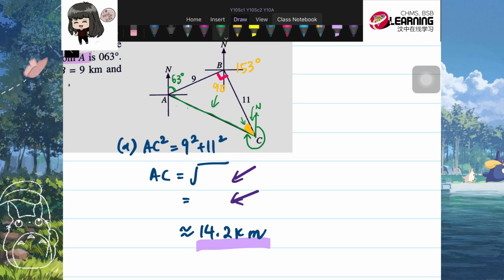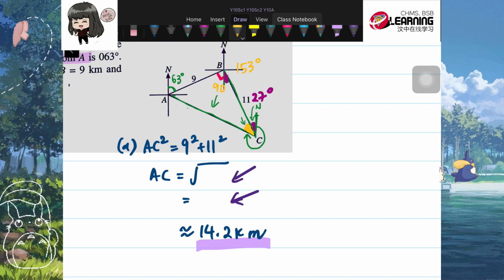Just now we already have the angle over here. You can see the alternate angle like that, so this angle is the same as this angle here, which is 27. So we use 360 to minus this 27 and this yellow angle that we're going to find.